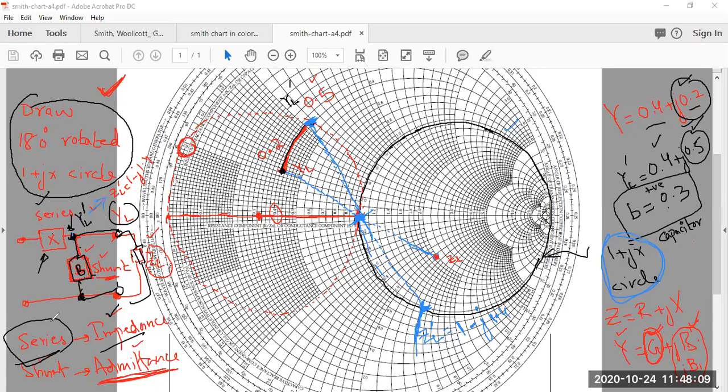So what is the value of x now? If you remember, I mentioned many times that from the Smith chart perspective, if our circuit is matched, I have to be at the center. So my goal is to reach this point. Right now, I am not at the center, I am at this point.